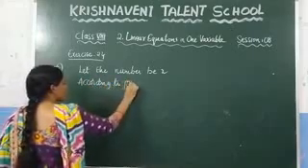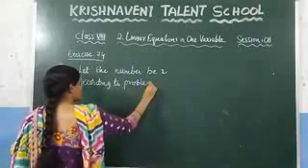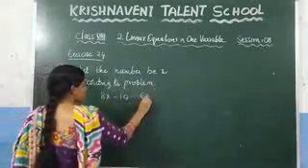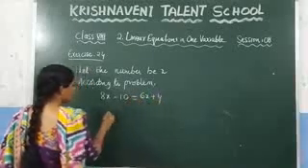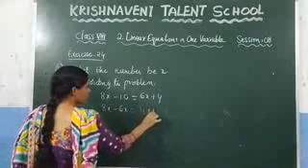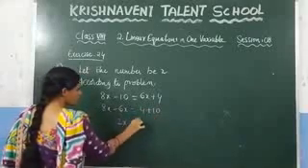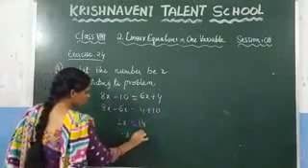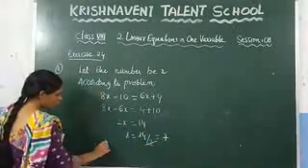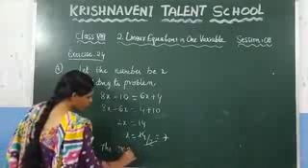According to the problem, 8 times of the number reduced by 10 is equal to 6 times of the number plus 4. Now here you can take all the variables to one side and all the numbers to the other side. You will get 2x is equal to 14, x is equal to 14 by 2, which is 7. So what is the required number? The required number is 7.